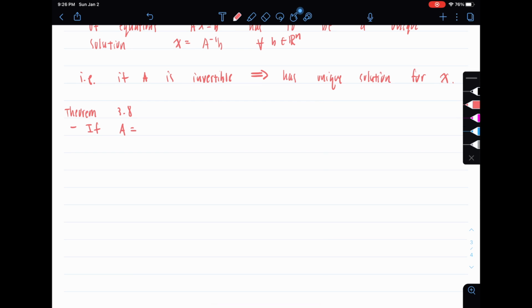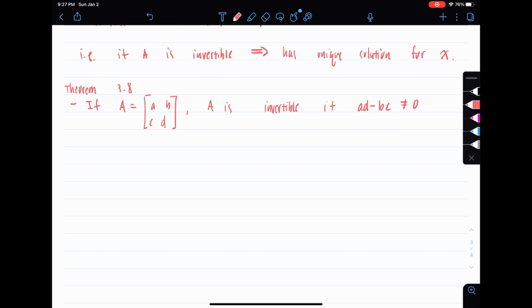So now there's another theorem, theorem 3.8. If A equals the matrix [A, B; C, D] and A is invertible, then A is invertible if AD minus BC does not equal 0. AD minus BC is what we will call the determinant, which you will see later in this video.